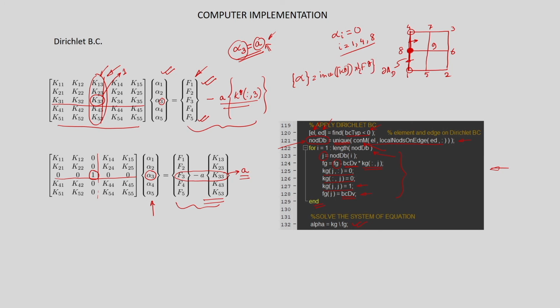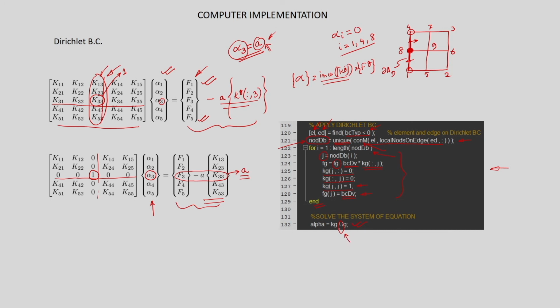Now we could have used the inverse command in MATLAB, but this backslash operator is much more robust than the inverse operator. Even if you use the inverse operator, MATLAB will pop up and tell you that it is better to use the backslash operator.